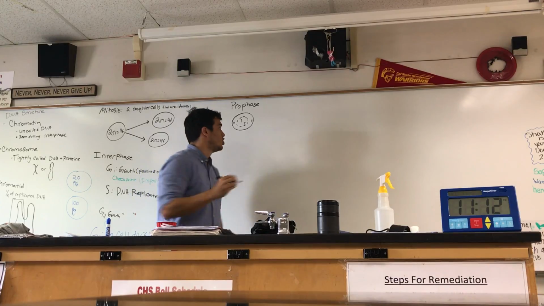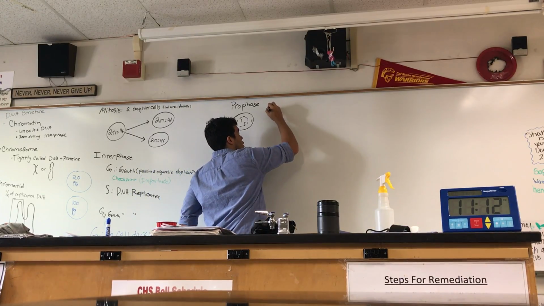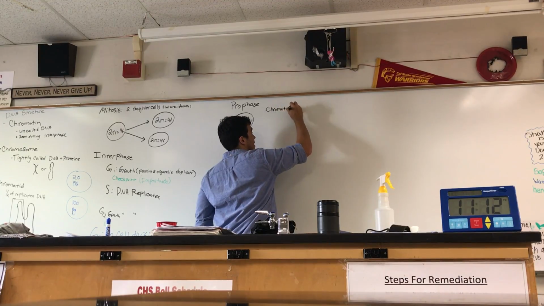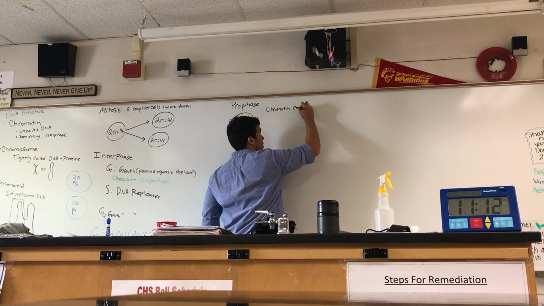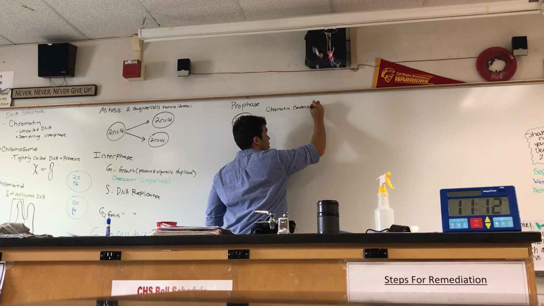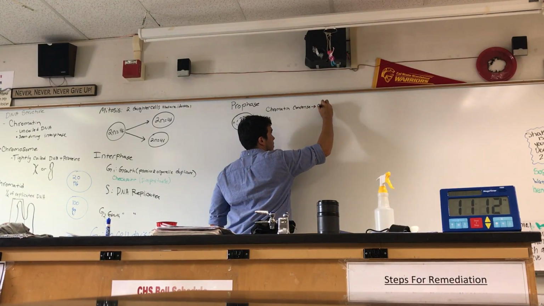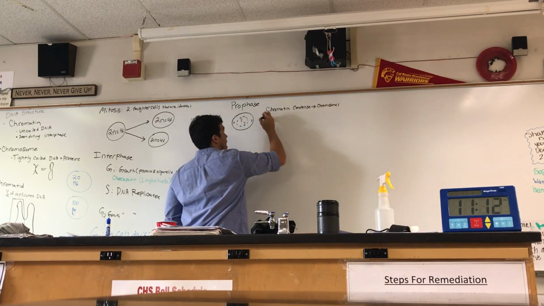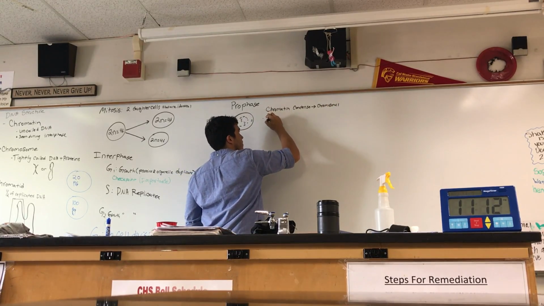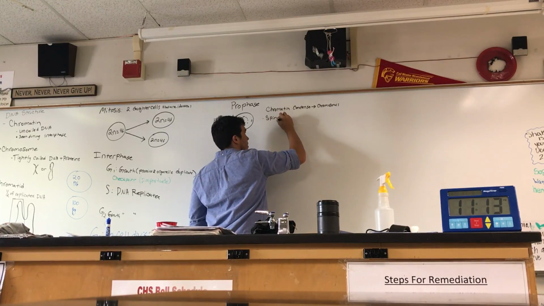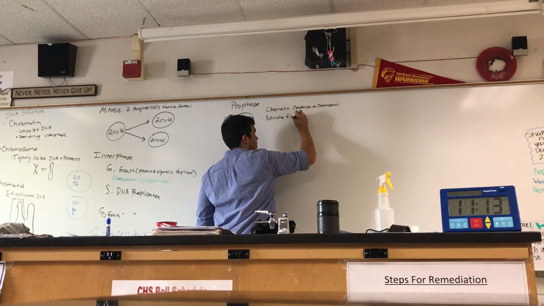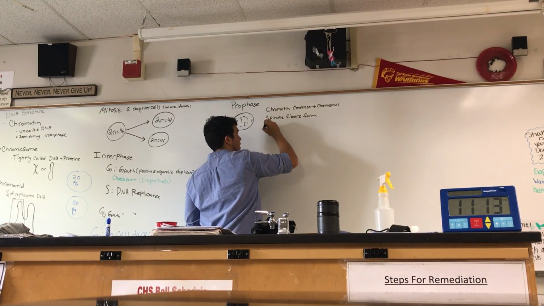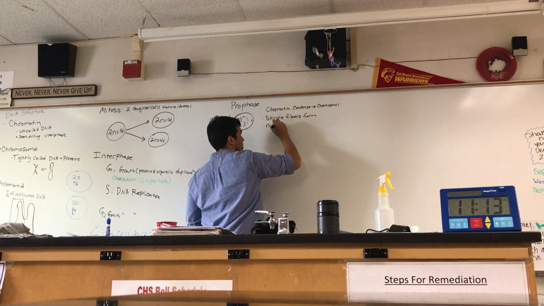During prophase, chromatin condenses to form chromosomes. Okay? And then spindle fibers form, and the nuclear envelope or nuclear membrane dissolves.